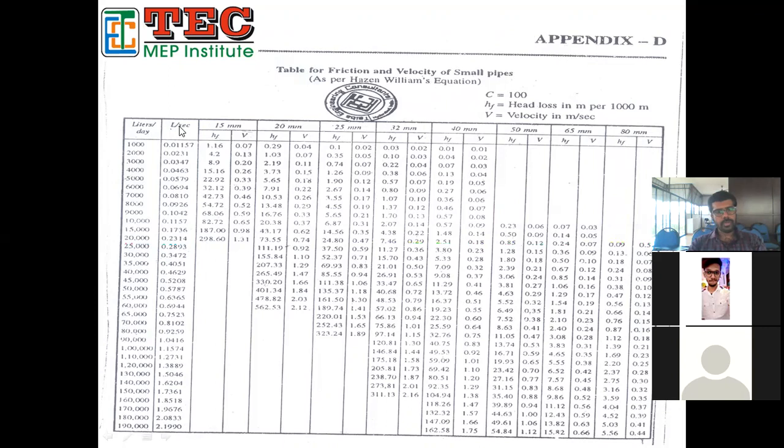So this is meter per second. 0.66, correct? There is 0.40, 0.4629, 0.52, 0.57, 0.63, then 0.69 only. There is no 0.66, so we will take the value 0.69. That's why you got 0.86 there. Correct? If you take the proper 0.66 with that 32, you may get 0.8.